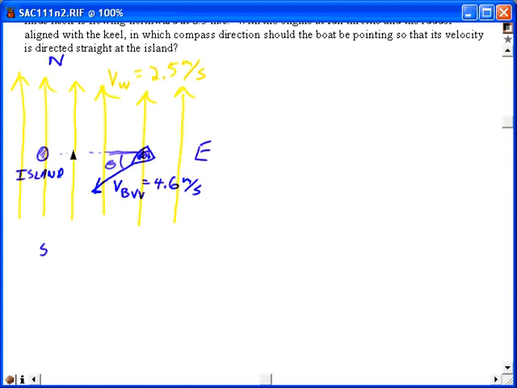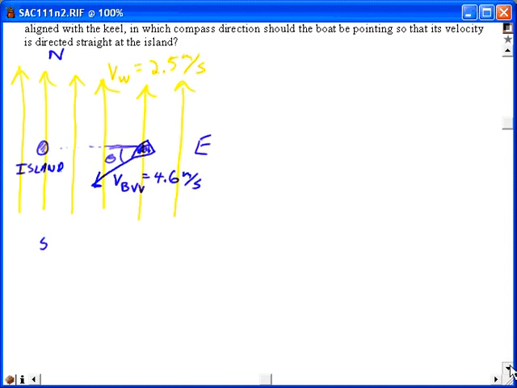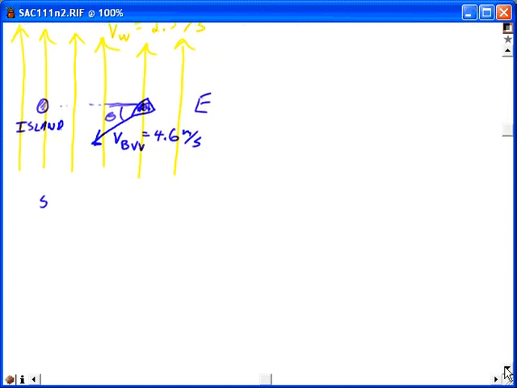It'll look like it's going somewhat sideways because of the water carrying it northward, but it'll actually be going directly toward the island. So our little vector addition problem is that the velocity of the boat should be equal to the velocity of the boat relative to the water plus the velocity of the water.